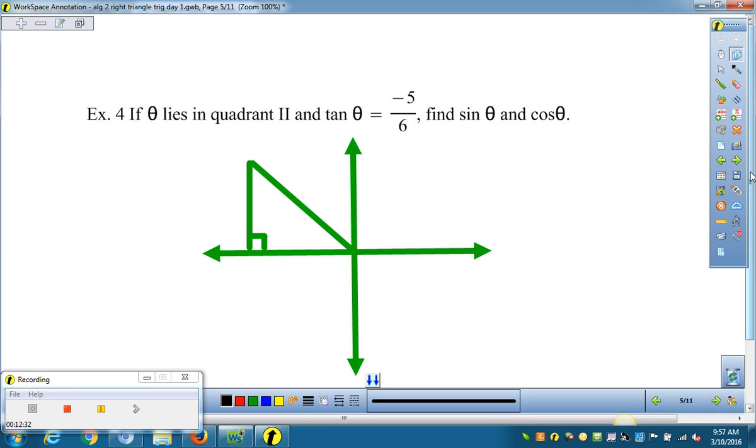Let me try this one. Right, you're done? Theta lies in quadrant 2. So I've drawn my triangle. I'm going to label my theta here.